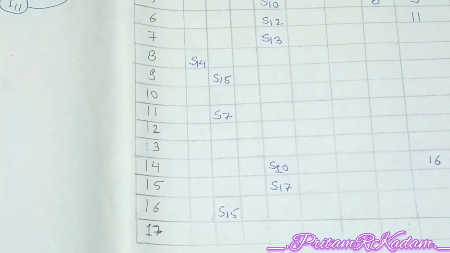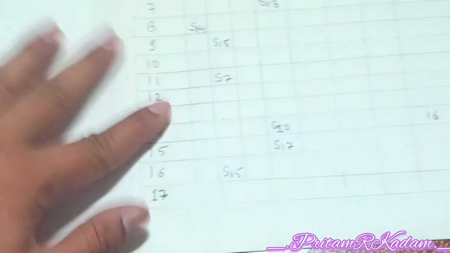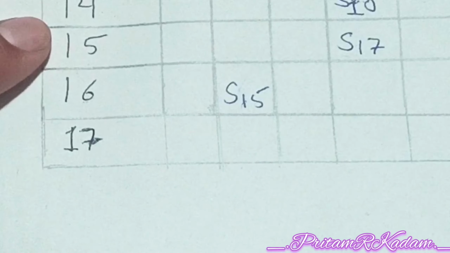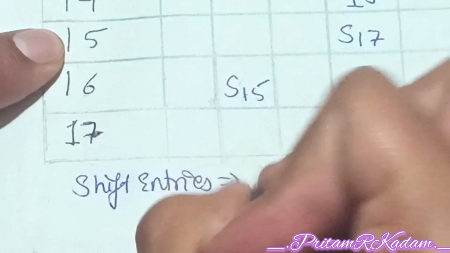We'll proceed to the reduce entries. And for the CLR part, we don't have to see the follow of that. We just have to write by seeing the look ahead of the complete states. So let us write shift entries. We have to see the states.